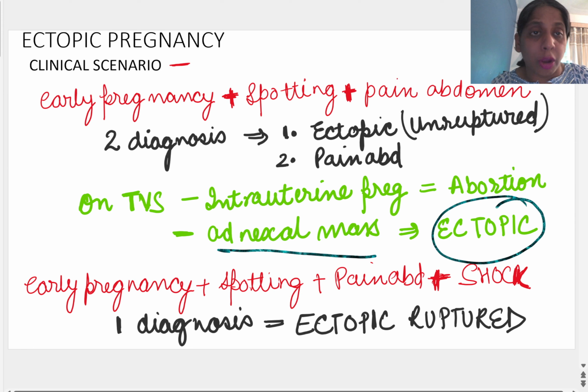It is an ectopic pregnancy that has also ruptured. The patient is going into hemorrhagic, hypotensive shock, so it needs a surgical laparotomy. Let's see the other things.